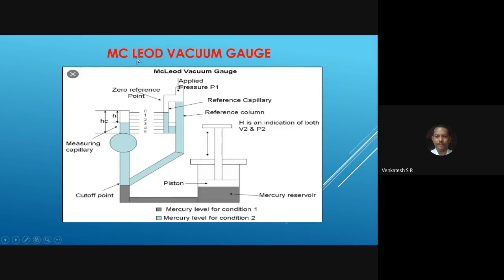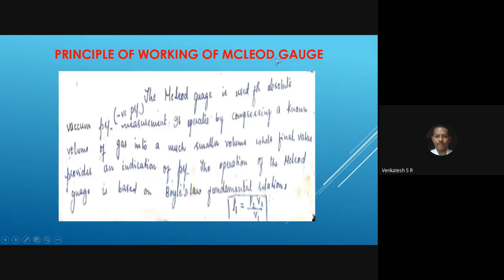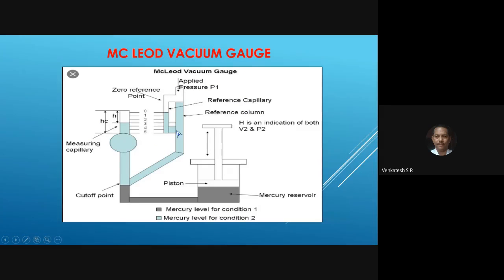Remember, this McLeod vacuum gauge works on Boyle's gas law, that is P1 V1 equal to P2 V2. To find the pressure, P1 equals P2 V2 divided by V1. You know P2, you know V1, and you know the level of mercury in the measuring capillary.